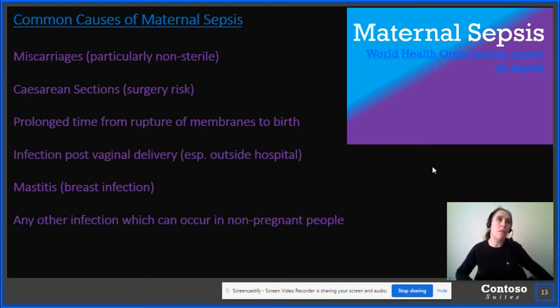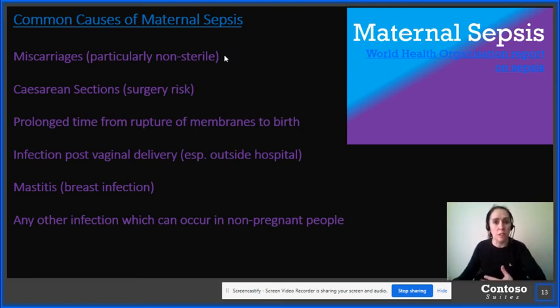So why are pregnant women and women that give birth more at risk of sepsis? Why are they more at risk of infection even? Miscarriages, especially those that aren't necessarily carried out in hospitals, and unfortunately that's still the case. Whether it's cultural, religion, or money, or shame, some people do not have terminations in designated areas.